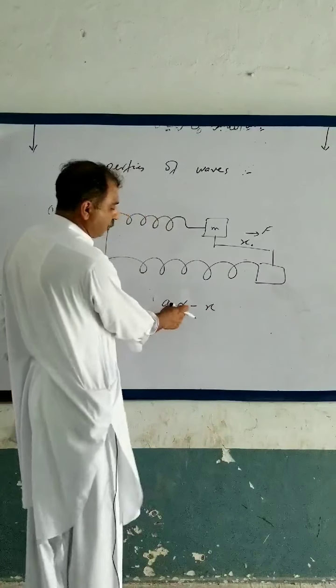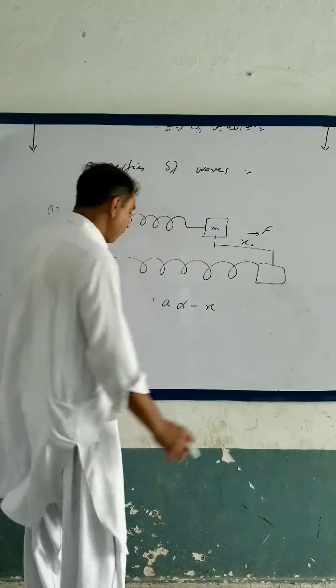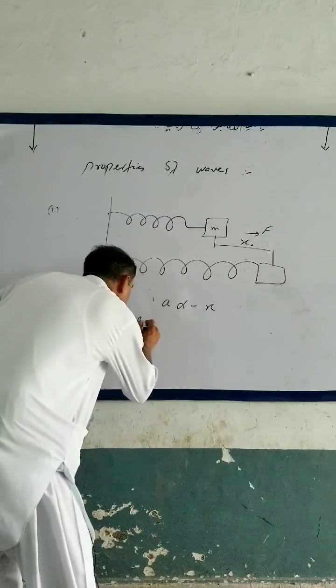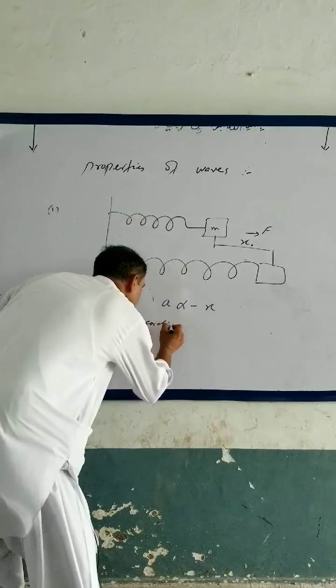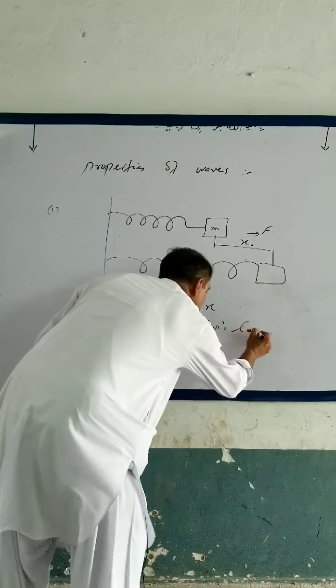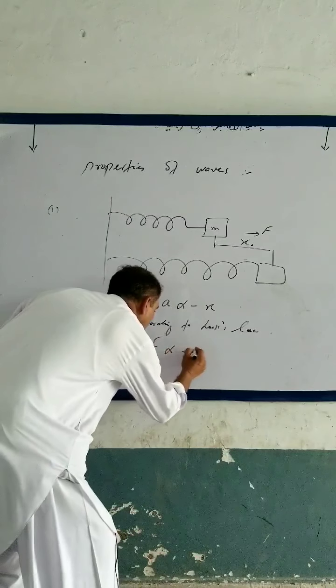This is the equation which shows simple harmonic motion. According to Hooke's law, F is proportional to minus x.